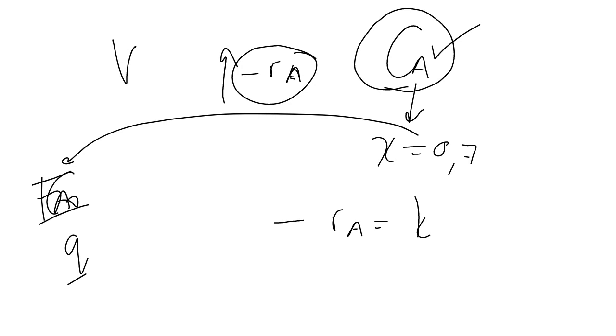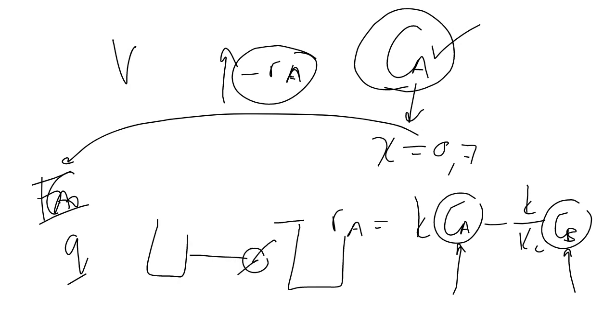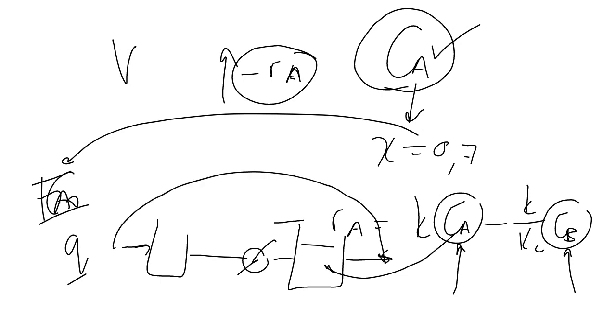So you've got k CA minus k over KC CB. Those two variables you've got no design decisions over in your second reactor. You have two reactors in series, and that second reactor you must operate at a specific concentration that corresponds to a 70% overall conversion over your reacting systems, and so that is fixed.